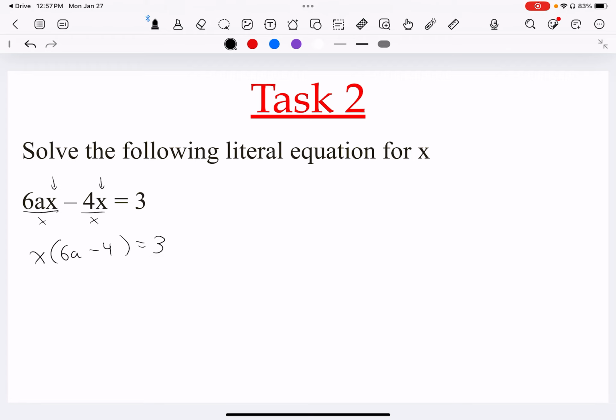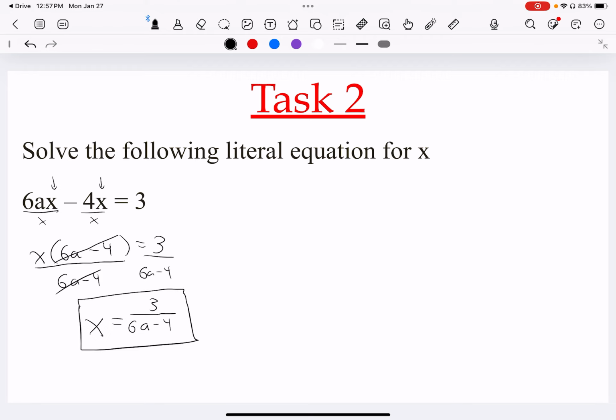Now it's x times 6a minus 4, so I'm going to divide both sides by 6a minus 4. 6a minus 4 and 6a minus 4 cancel out on the left side and just leave me with x. And then on the right side, I can't divide it, so I just have x equals 3 divided by the expression 6a minus 4.